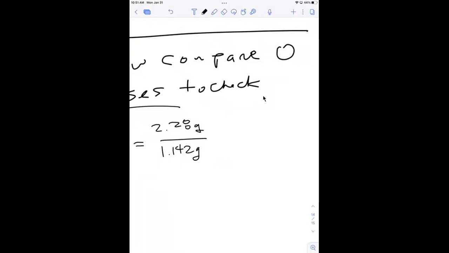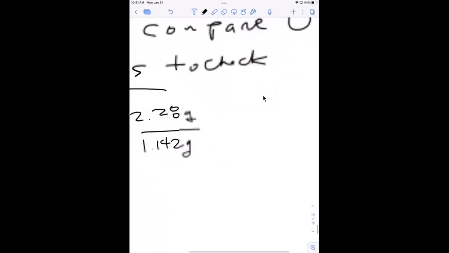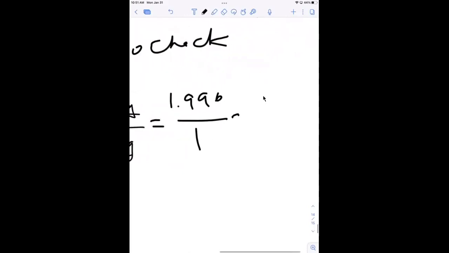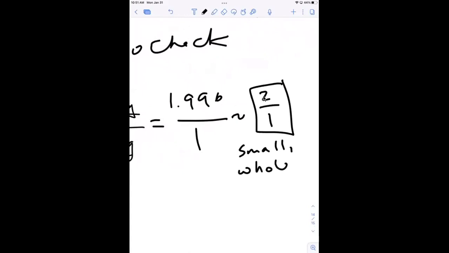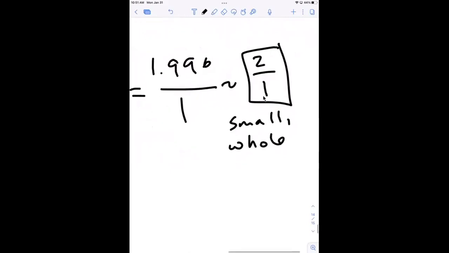You said 1.996? Yes, sir. Okay. So we can round that up to 2 to 1 and say that this is a 2-to-1 ratio. So again, this is a small whole number ratio when you compare the two oxygen masses in those two compounds. Good, my bad. I was looking at the wrong one on my notes.